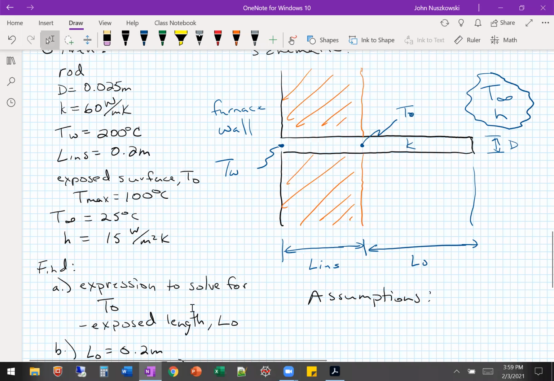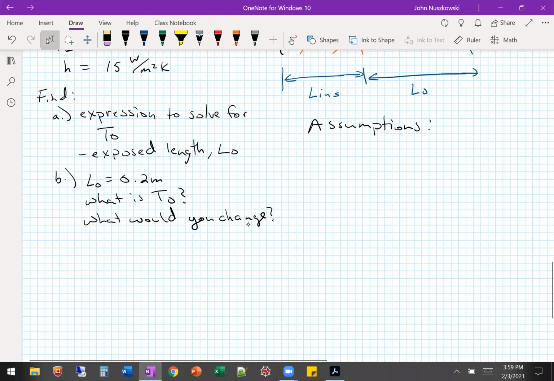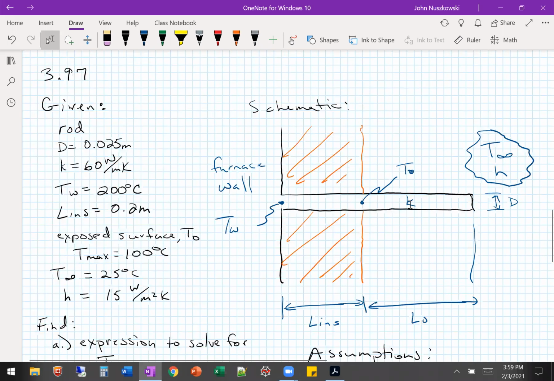All right, so this is our schematic, right? So where do we begin? Do you make a thermal circuit? Yes, that's the best approach in this problem, because we have this insulation, right?